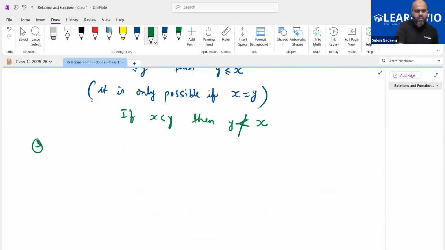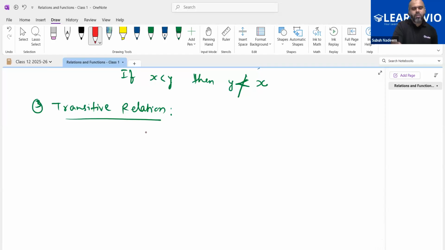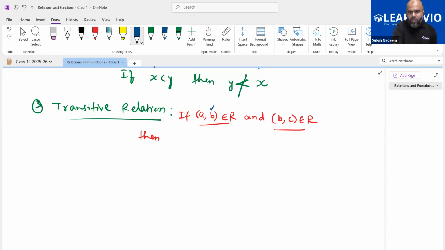This transitive relation is that if we have (a, b) belonging to the relation R and (b, c) belonging to the relation R, then here the second element b and here the first element b are the same.